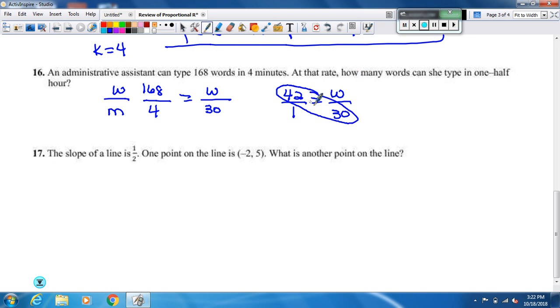So 42 times 30 is 1,260. She can type 1,260 words.